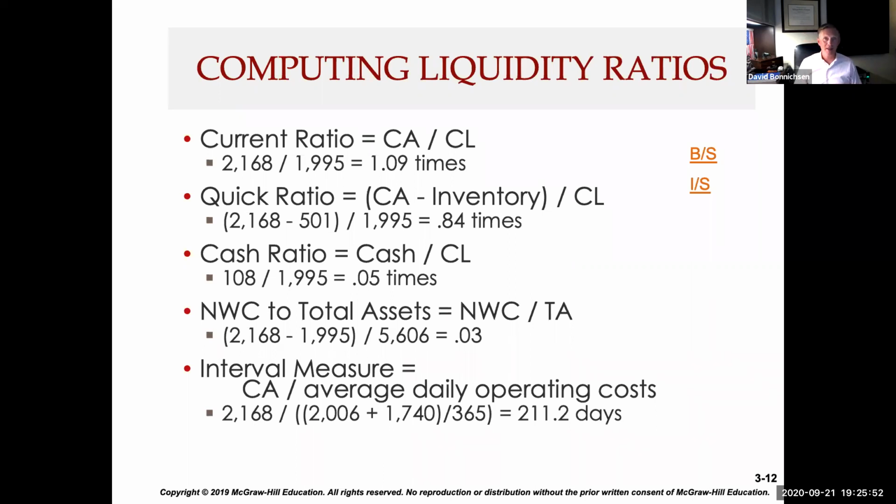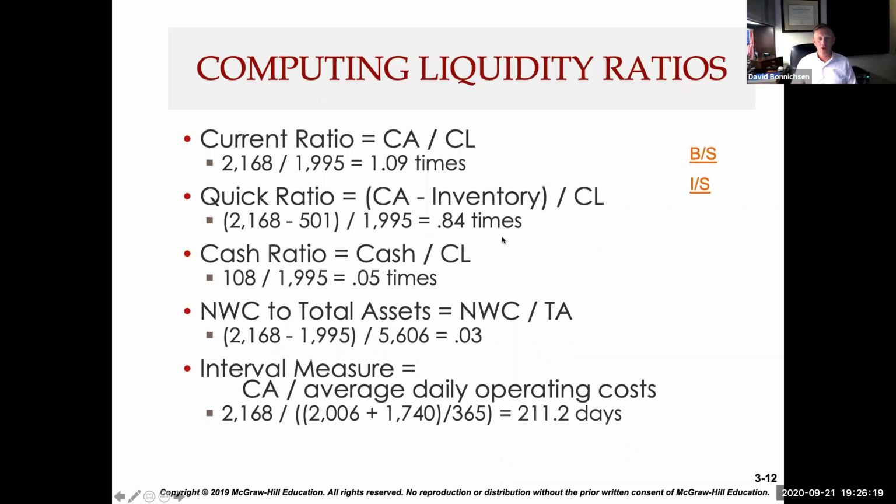Meaning, do we have enough assets currently, meaning within the next 12 months, that we expect to be able to convert to cash? Do we have enough current assets to cover the current debt that we're obligated to pay? So accounts payable and any short-term 12-month or less debt that we owe, notes payable.